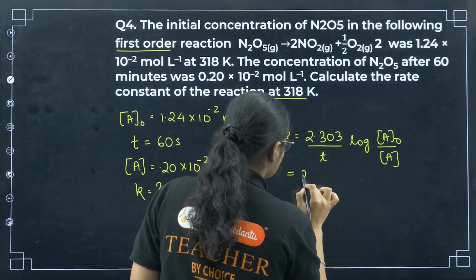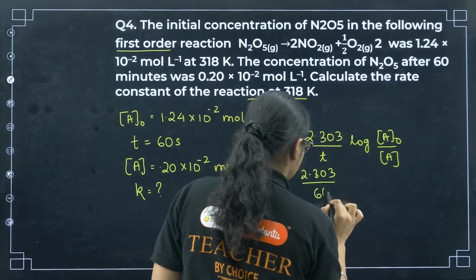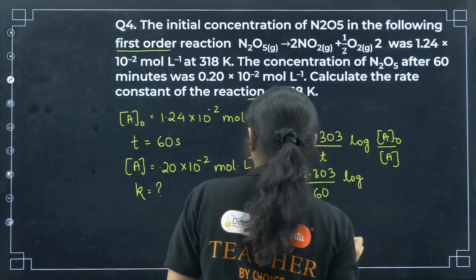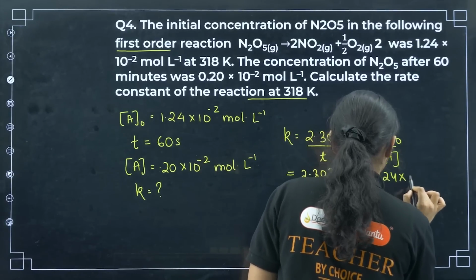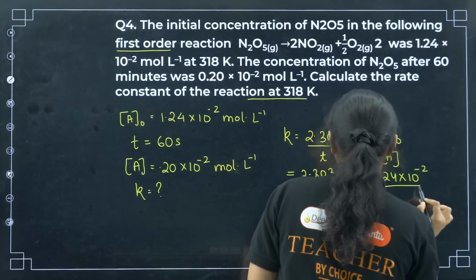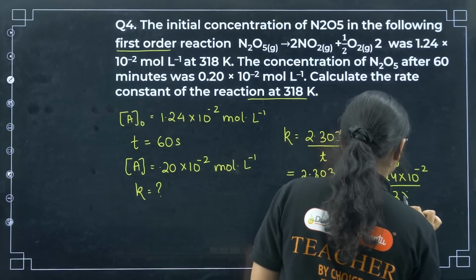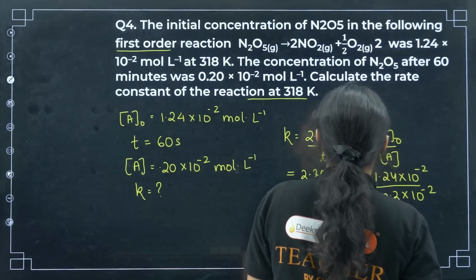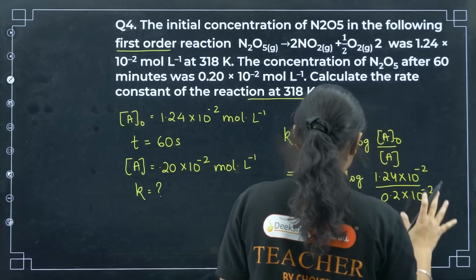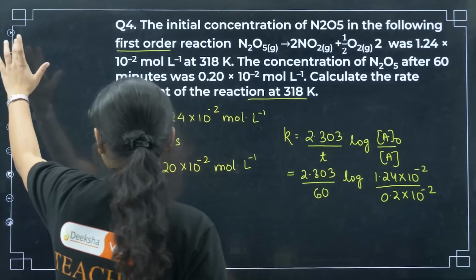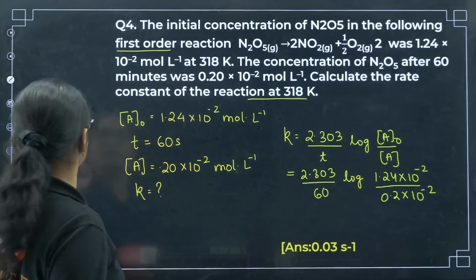So that is equal to 2.303 by time 60 seconds log of A naught value, 1.24 into 10 to the power of minus 2 divided by 0.2 into 10 to the power of minus 2. Okay, clear? So now if I solve this, you can just solve all the values and find the value of K directly. We will get around 0.03 second inverse. Okay, so check the calculation.